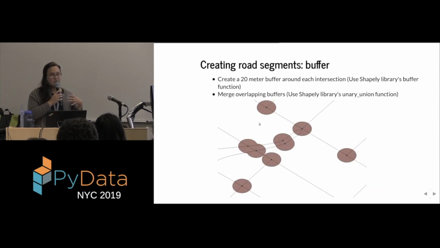But we want to treat intersections as sort of a bigger space than just that point. So what we do is we create a 20-meter buffer around each intersection, just draw that circle, and we use Shapely's buffer function for this. Then some of these are more complex, and so we merge these together. Any overlapping buffer we merge using Shapely's union function.